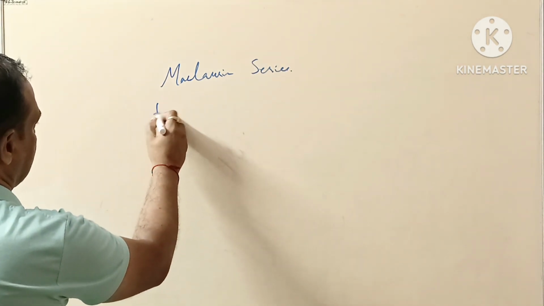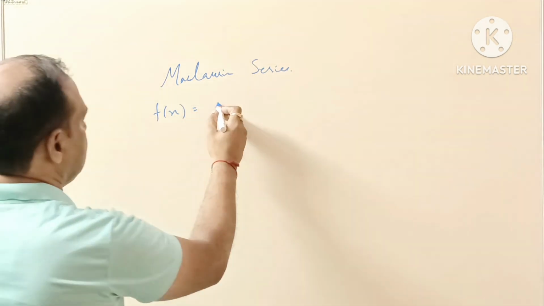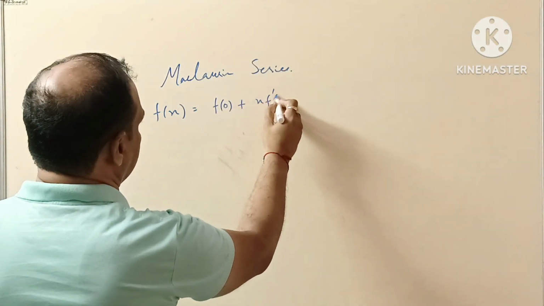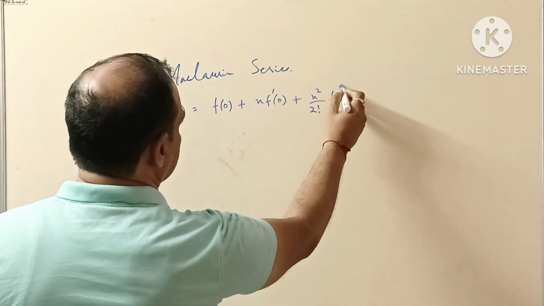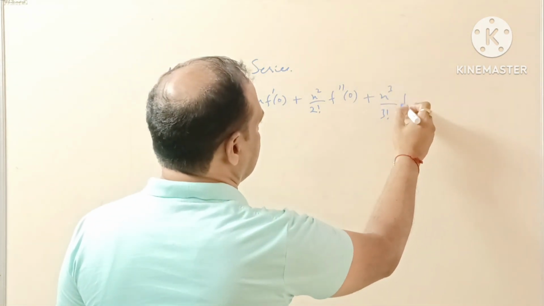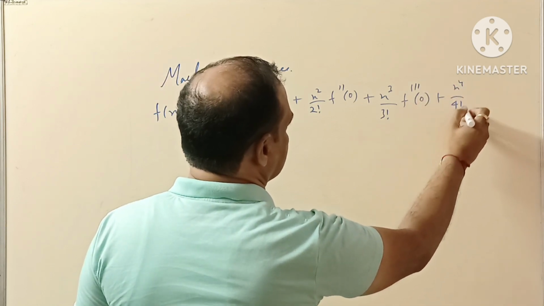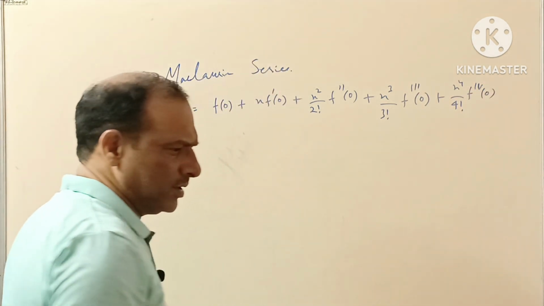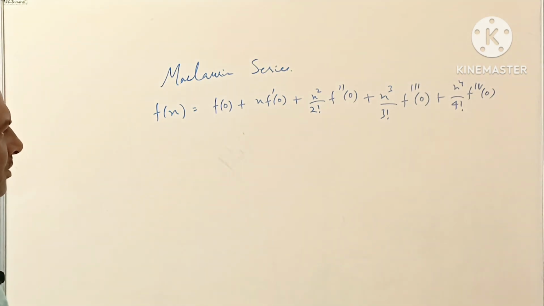Here f(x) will be f(0) plus x f'(0) plus x squared over 2 factorial f''(0) plus x cubed over 3 factorial f'''(0) plus x to the power 4 over 4 factorial f^(4)(0), and so on. It can go up to the nth differentiation.